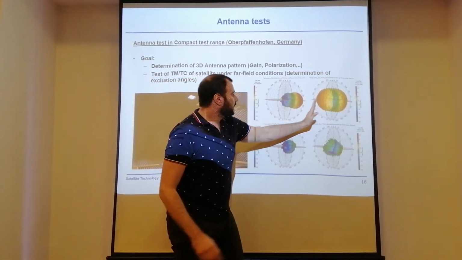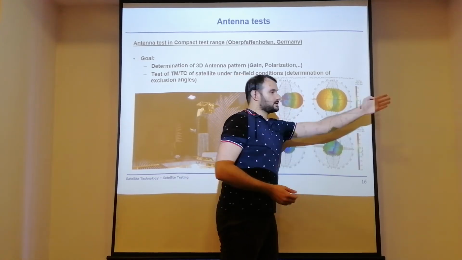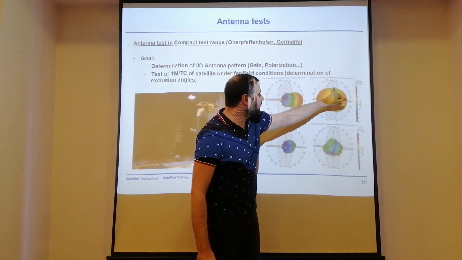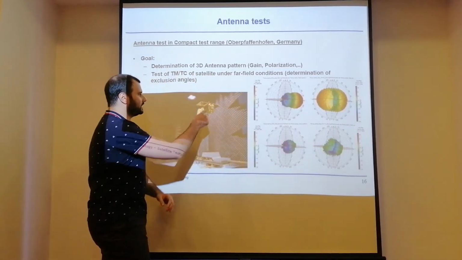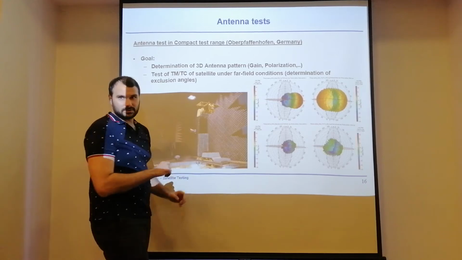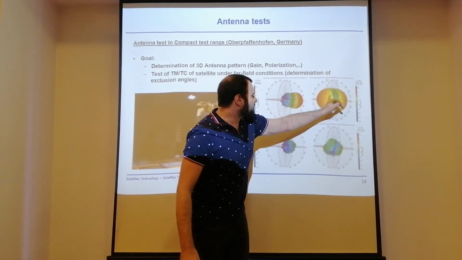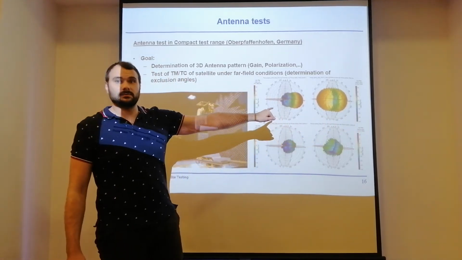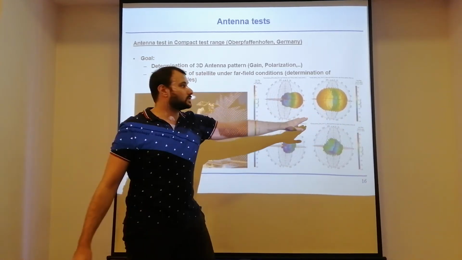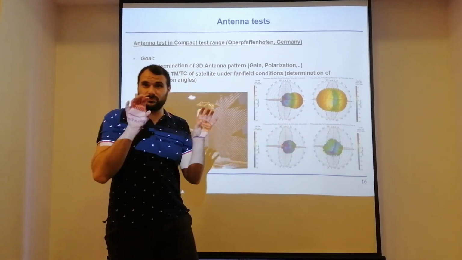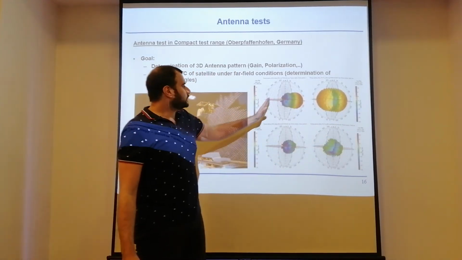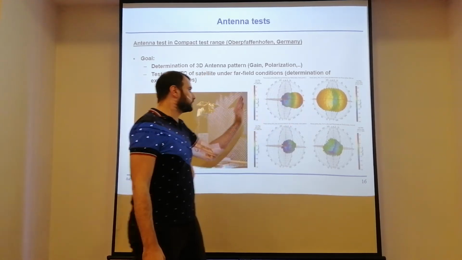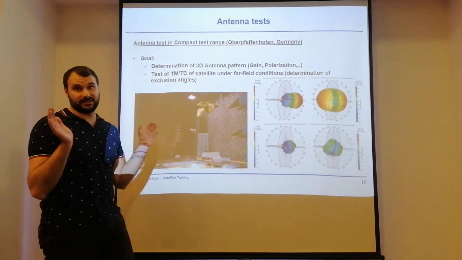And you can see one is transmitting to this direction, one is transmitting to that direction, in the dark colors and the red colors, but in the zone between those antennas, you see some spikes and some really low signal levels there, and this was the reason this test was performed, to determine those ripples in between the two antennas. You can also see for the high gain antenna that there is only gain into the main lobe direction, but not to the backside, which was expected for a high gain antenna.